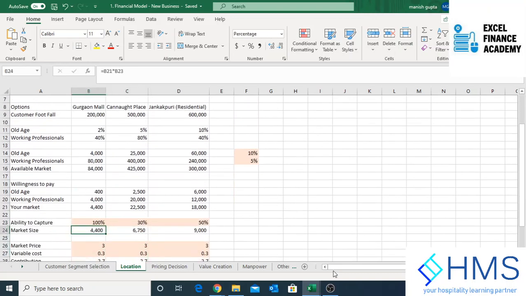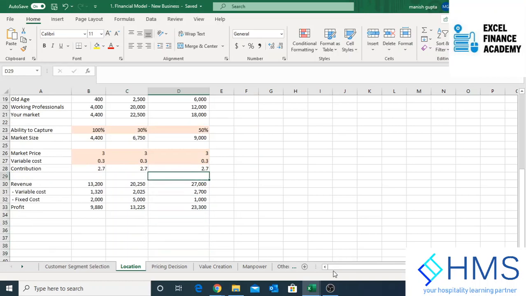So we were able to say the market size for different people's footfall will be something, and we also discussed the market price, the variable cost, and a deemed fixed cost, so that we can understand which market will be the most profitable to enter.